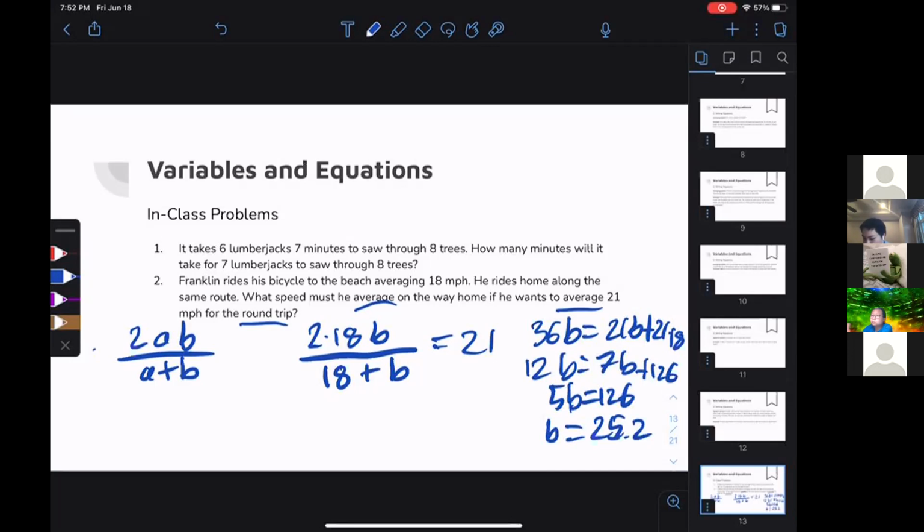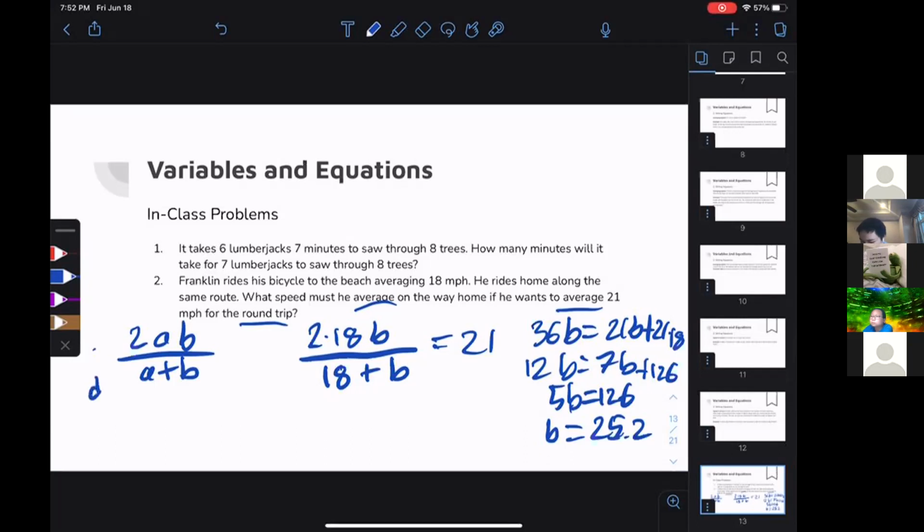But if you're having trouble differentiating average speed from just the average of two speeds, it'll probably be better to go back to the formula for average speed as total distance over total time.